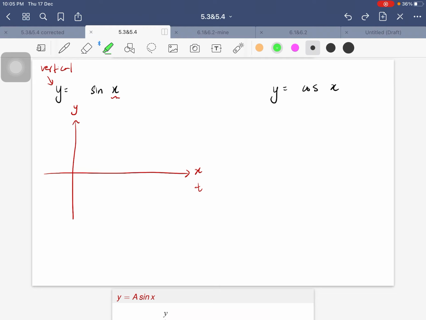So how does the graph of y = sin x look? The most basic graph actually looks like this. This is the idea of the graph y = sin x. There are important points that we have to capture. First is 0, and at the end is a value of 2 pi.